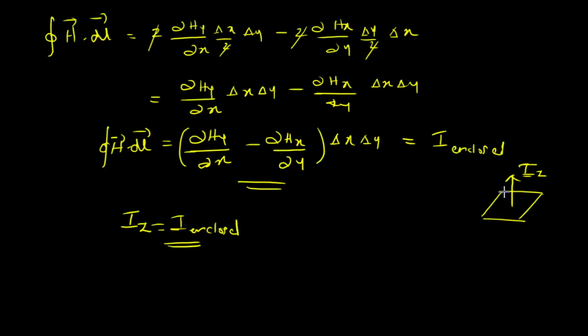Now the things will be very clear. This is Iz. This is the conductor carrying current on the axis of this rectangular path, and this is the direction of the magnetic field around it. Now this is a vector, this is a vector, this is a vector, and this is a vector.